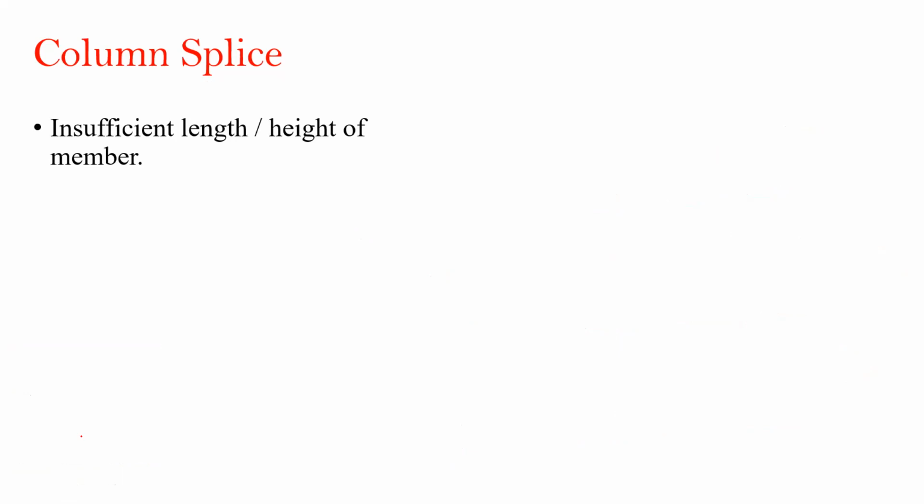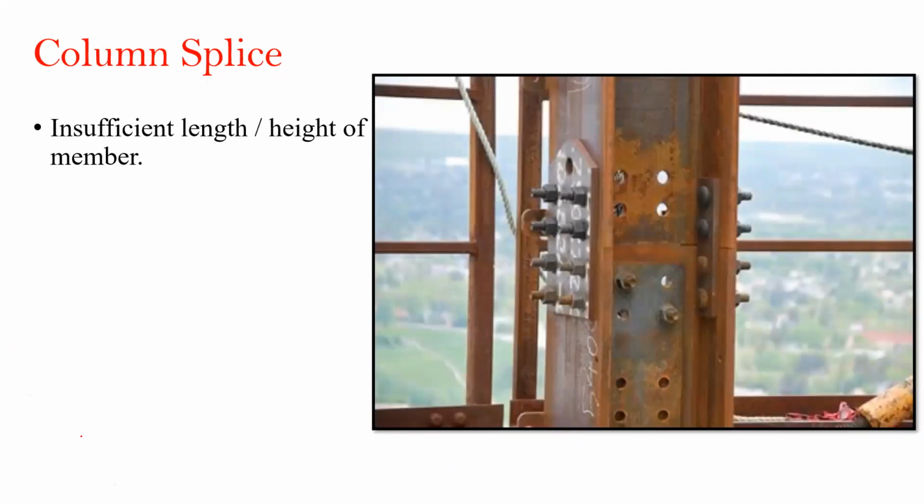So let's look at the figure which talks about the column splicing. You have the first I section, and you also have the second I section, and these two sections, I section 1 and I section 2, are joined by using plates.